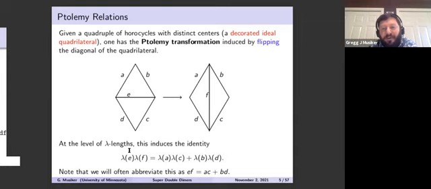But just symbolically, as you flip the diagonal E to the diagonal F in the quadrilateral, it induces this algebraic relation among the lambda lengths. So the product of the two lambda lengths of the crossing diagonals is equal to the sum of the product of the lambda lengths of opposite sides. And since we'll be saying lambda lengths throughout this talk, I'll just abbreviate this as EF is AC plus BD.